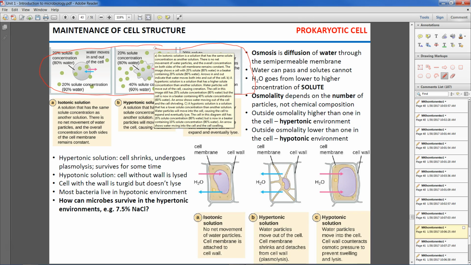From where to where? High of what? Low to low of what? Concentration of what? So you say that water moves from high concentration of solutes to low concentration of solutes. The opposite, right?